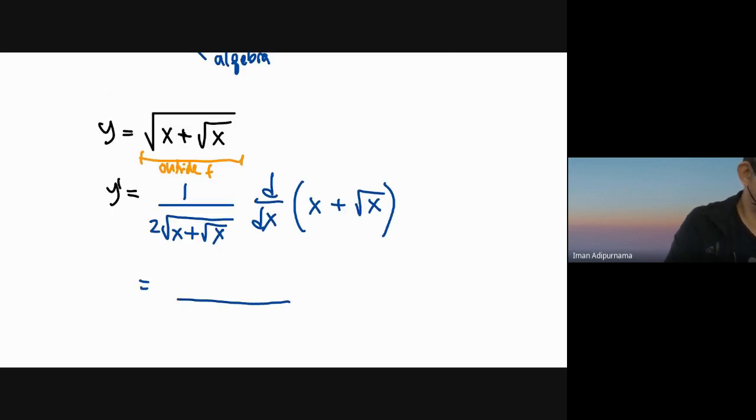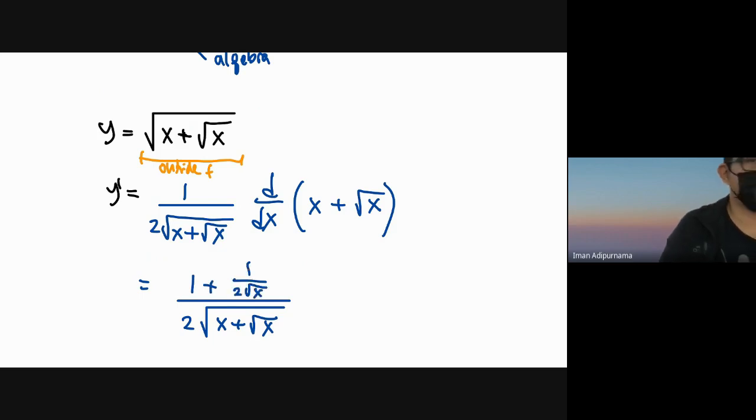Then I can write this as 2 square root of x plus square root of x, is 1 plus 1 over. And you can stop here if you want, or if you want to simplify, you can simplify. It depends on the requirements of the question.